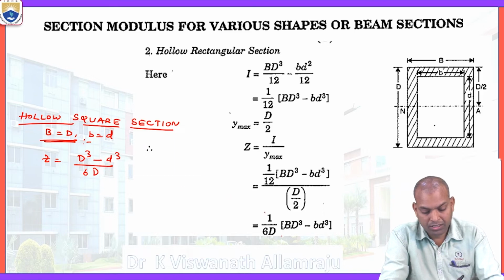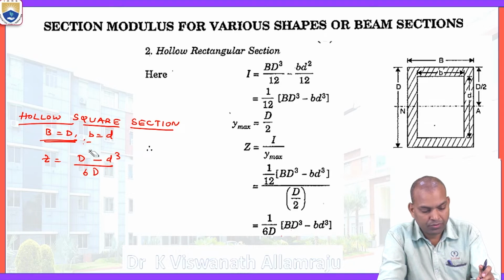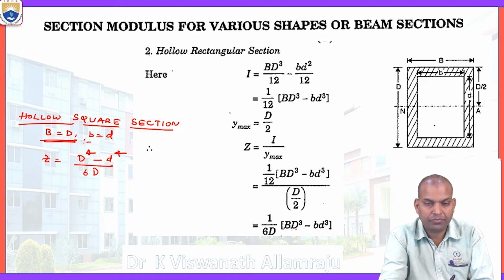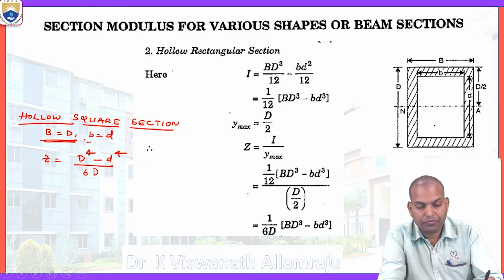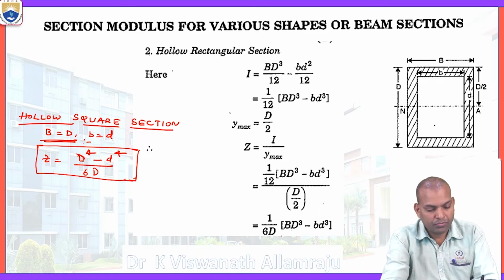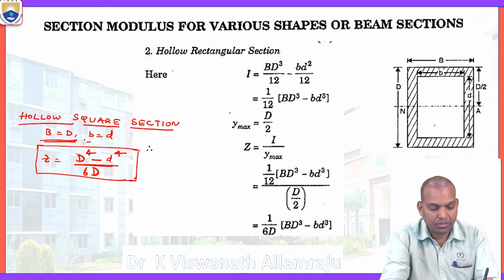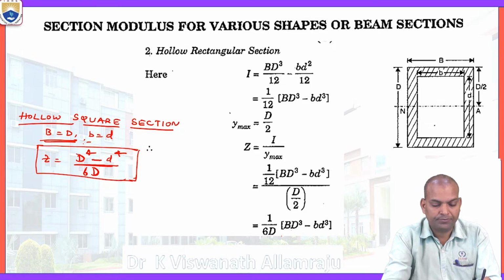Then capital B D cube becomes capital D power 4 minus small d power 4, because B equal to D into D cube is D power 4, minus small d power 4, by 6 times D. The section modulus formula is Z equal to capital D power 4 minus small d power 4 by 6 times D. So this is the section modulus for hollow square section.